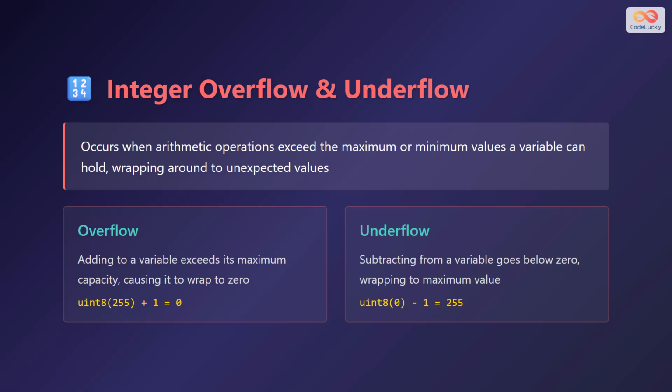Underflow is the opposite. Subtracting from 0 causes the value to wrap around to the maximum. For an unsigned 8-bit integer, 0 minus 1 becomes 255. Attackers can exploit these vulnerabilities to manipulate balances, bypass restrictions, or create tokens out of thin air.